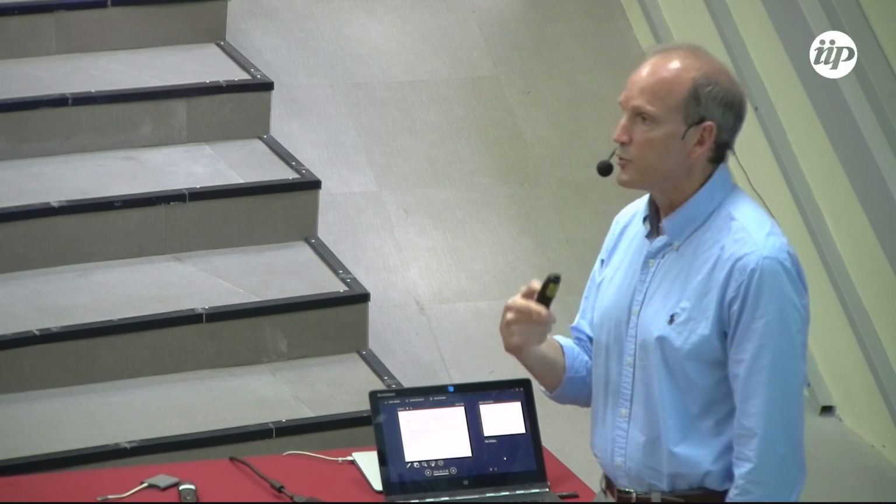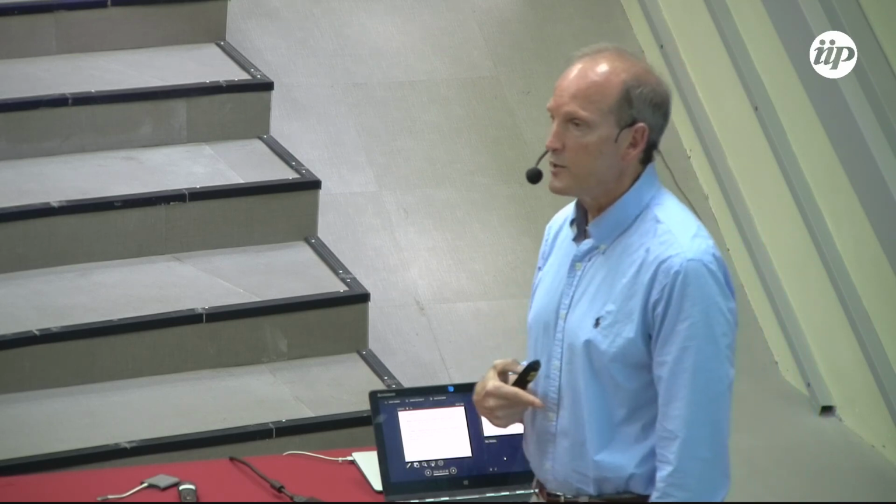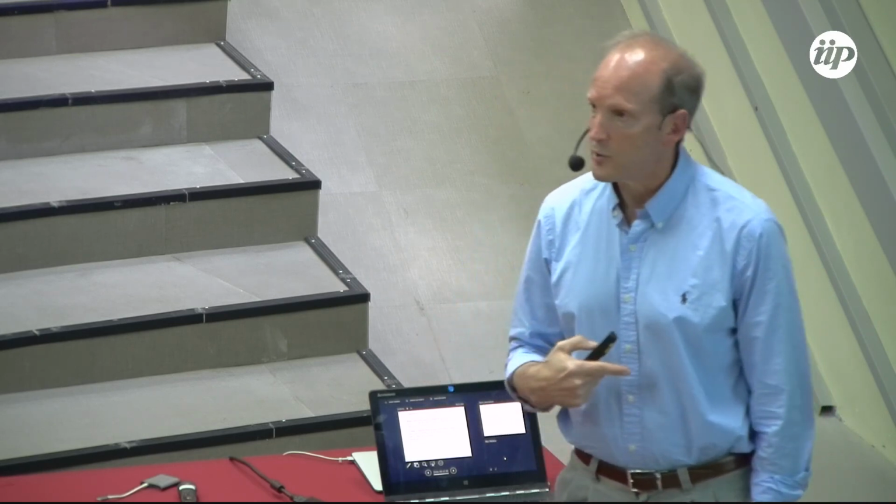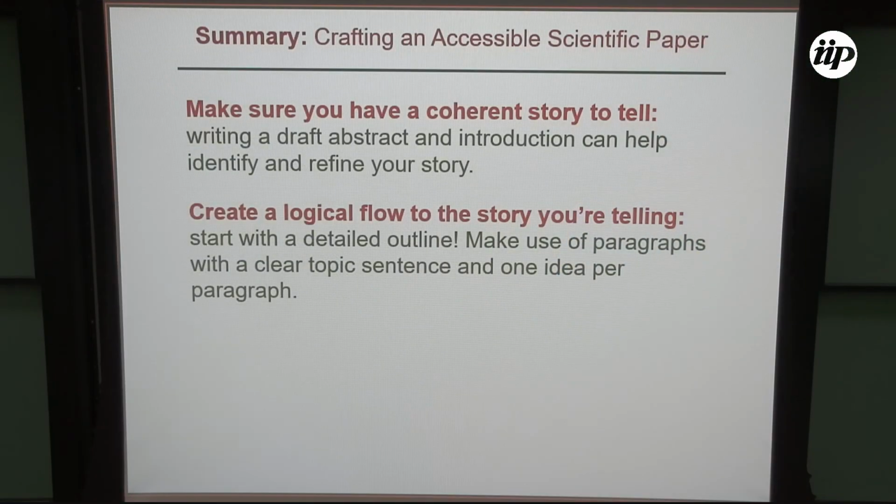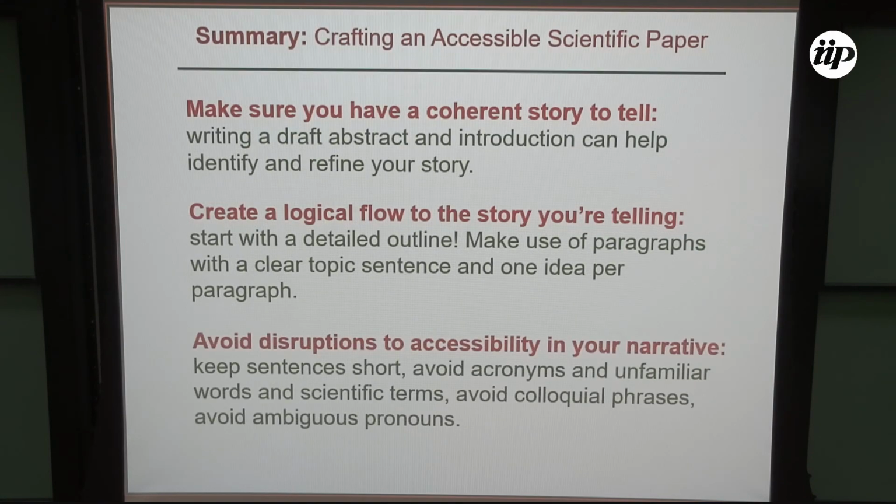Create a logical flow to your story by starting with an outline. An outline will allow you to construct the story you want to tell in as logical a fashion as possible, without extraneous information and without missing any holes in the ideas that you're trying to communicate. And finally, avoid these common disruptions.